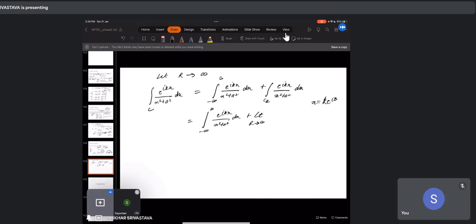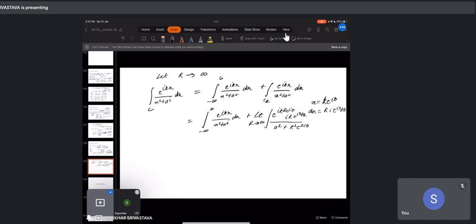Hence dz is nothing but i r exponential i theta d theta. Replacing these, e to the i k z becomes exponential of i k r e to the i theta, dz becomes i r e to the i theta d theta, upon a square plus z square, which is r square exponential 2i theta.